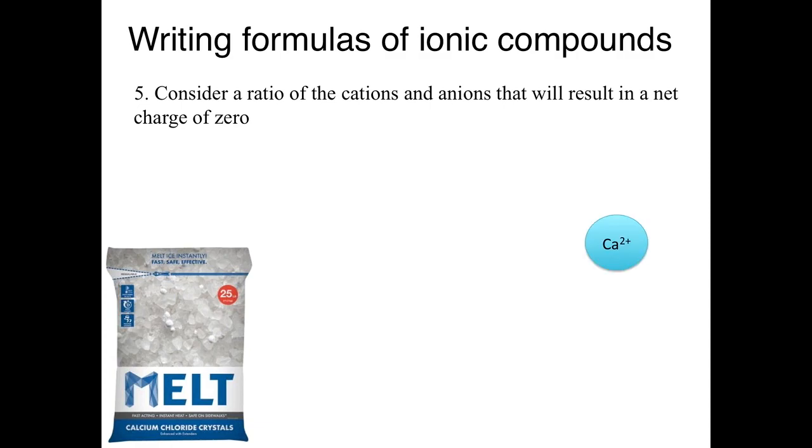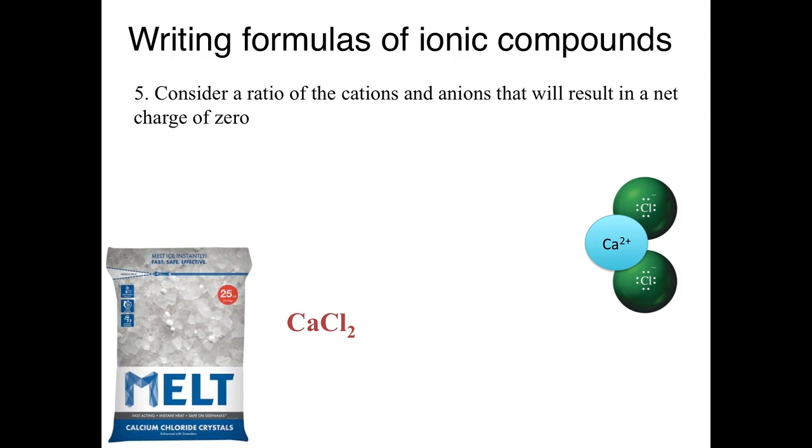So that calcium has a 2+ charge, so you would need 2 chloride ions because each of those chloride ions is only -1. If you have 2, you have a net charge of -2. And -2 plus +2 will give you 0. From that, you can write the ionic compound formula as CaCl2.